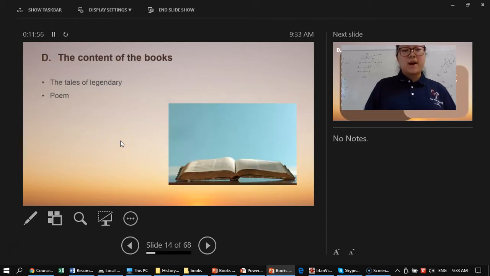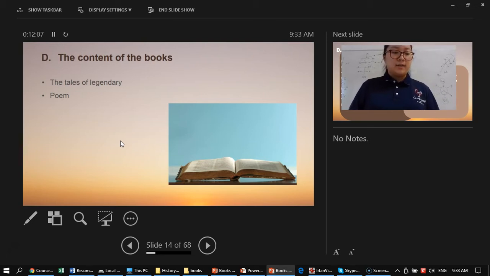Now let's move to part D, the development of the book's content. First, we all know that the tales of legends were passed down from generation to generation. Then, as the characters were spread by more and more people, some short articles like poems were born.